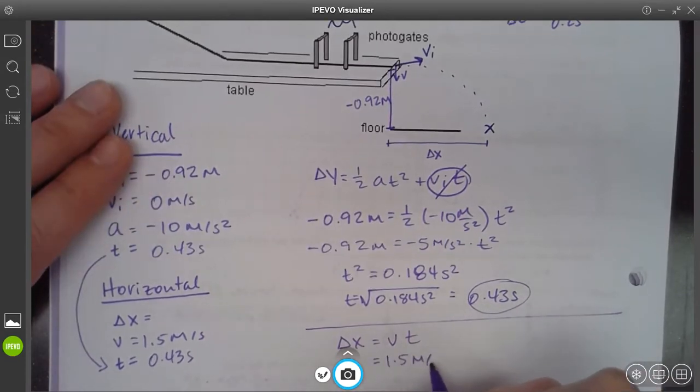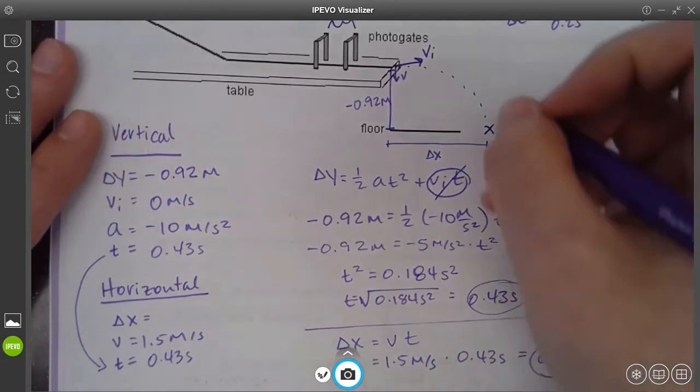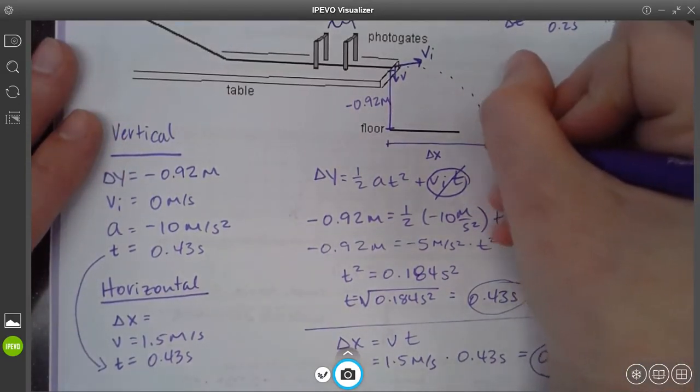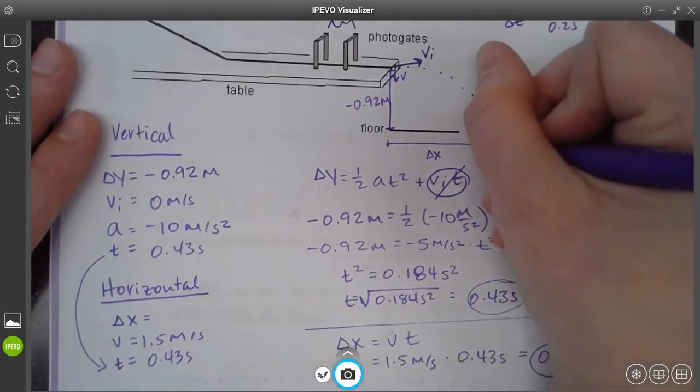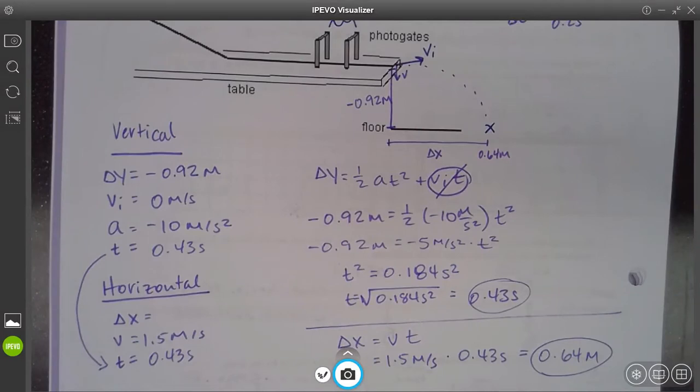Velocity was 1.5 meters per second. Our time is 0.43 seconds. So our total here is going to be 0.64 meters. So this point is going to be 64 centimeters or 0.64 meters. You guys have any questions about that? So far, so good.